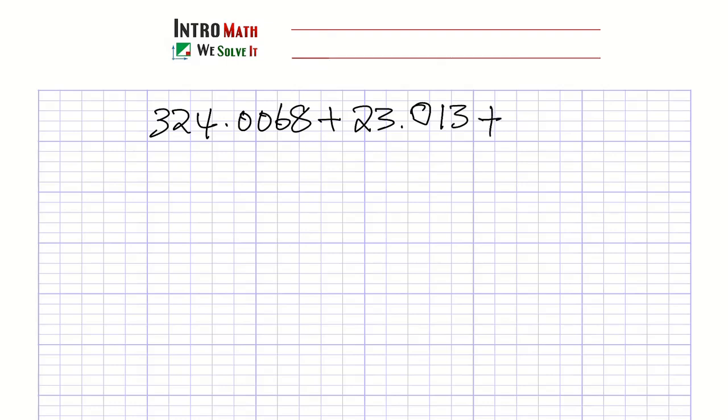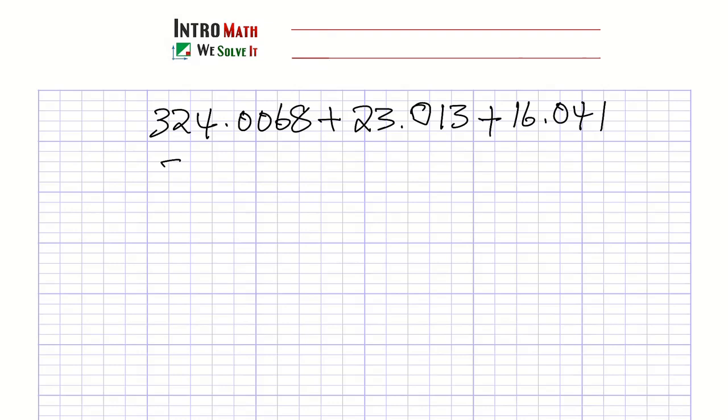This example will have 324.0068 plus 23.013 plus 16.041. So it can be 3 digits, 4 digits, 5 digits, 2 digits. It doesn't matter. What matters is you line them up. Alright, you line things up.